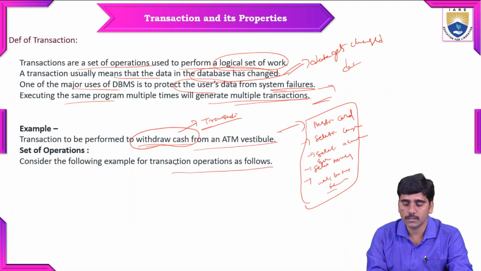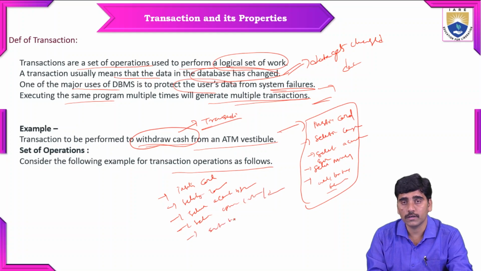So these are the steps you need to follow. Inserting card, the next is selecting language, the next is select the account type, select the option withdraw or deposit, the next enter the amount, the next wait for cash and card withdrawal.